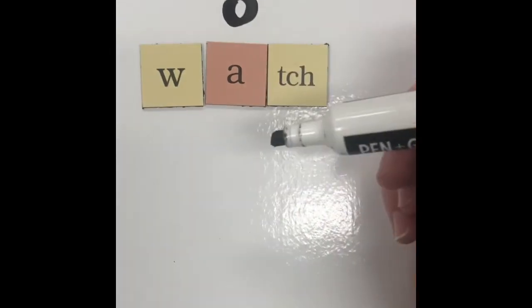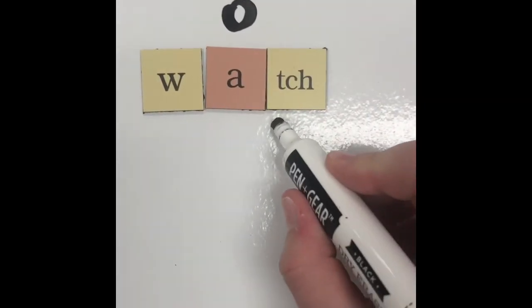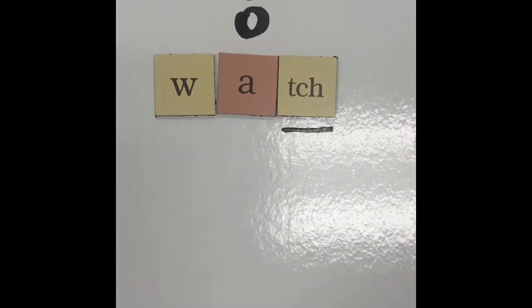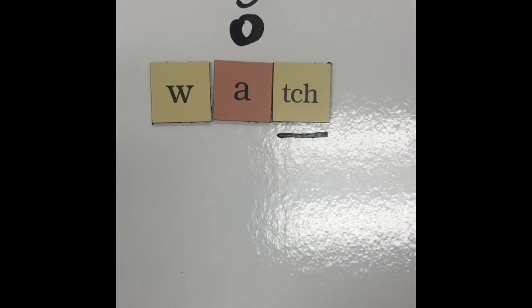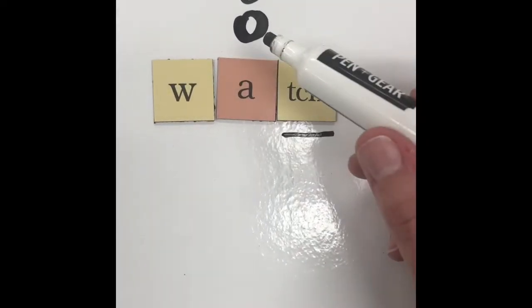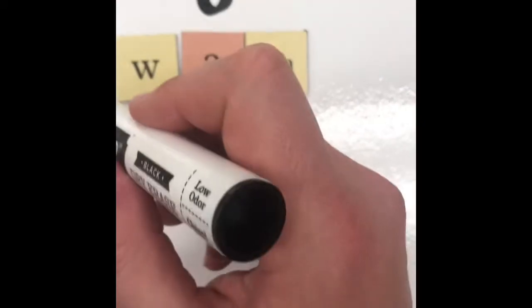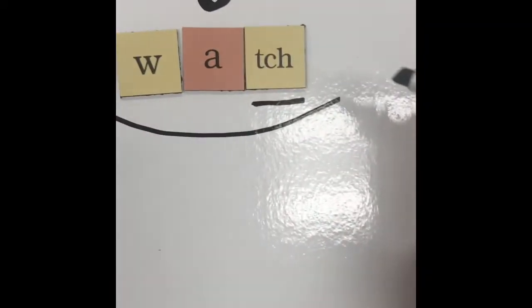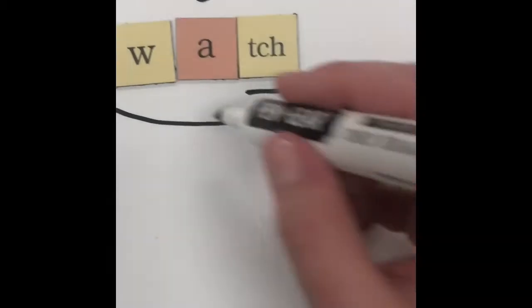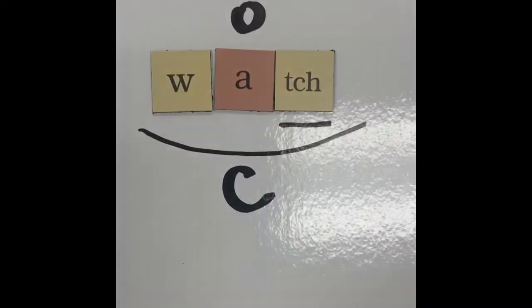Ah is still a short vowel sound, so we use TCH in this word. It's still a short vowel sound, so we're using TCH. There's one vowel closed in by consonants. This is a closed syllable.